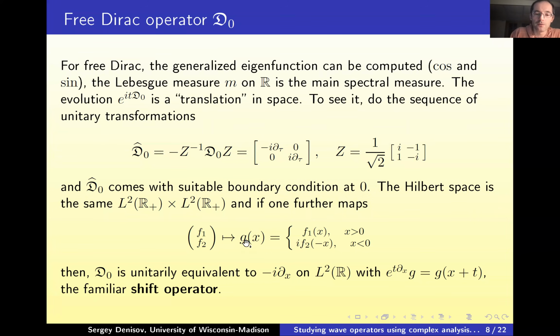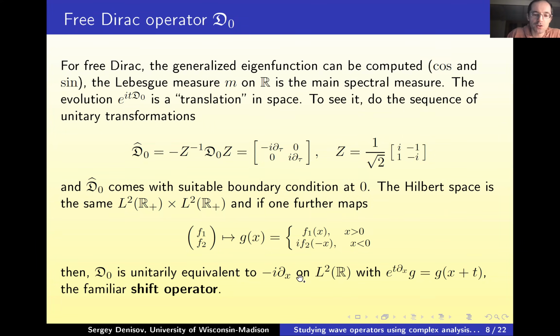I now form the function G, which is a function defined on the whole real line. For positive X, you are picking up the first component. For negative X, you are picking up the second component F2 and multiplying by I. If you do this transformation, then you can show that the original operator D naught, the unperturbed Dirac, is unitarily equivalent to this operator on the whole real line.